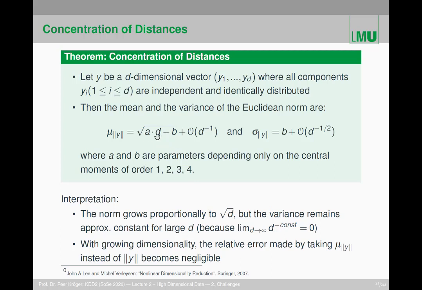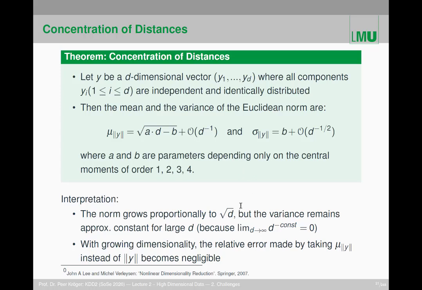So the basic point is that the mean of the norm is the square root of d plus the order of d to the power of minus 1, and the standard deviation of the norm is again a constant b plus the order of d to the power of 0.5. Okay, and what does it tell us?